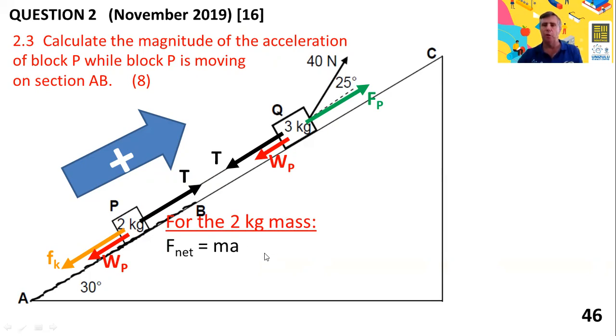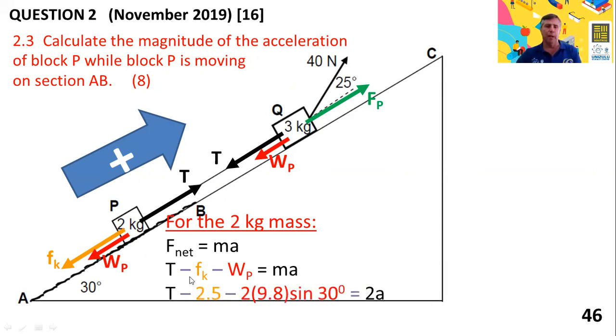I won't go through the whole process method again as we did in the last one, but we have our picture. We're looking at what is required, and we're going to relate that by these equations. So up the plane is T, Fk and Wp are down the plane, so T minus kinetic friction minus the parallel component of the weight. That's the net force which causes the acceleration, ma.